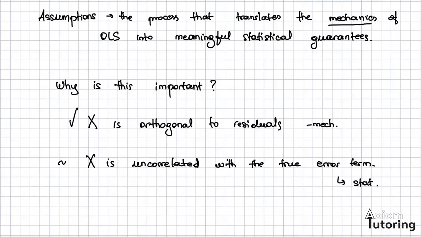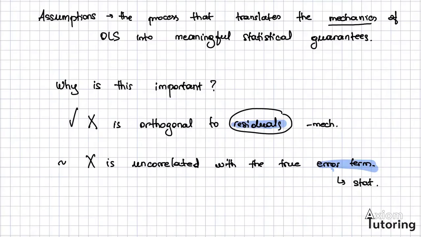Note something that will make your life a lot easier to distinguish whether a statement is talking about a mechanical property or a statistical property. When we talk about mechanical properties, we're always going to be implying the residual. Because remember, the residuals can be calculated, and they were at the base of the minimization problem, which means they are more likely to appear in the actual proofs or algebraic manipulations of the mechanical properties.